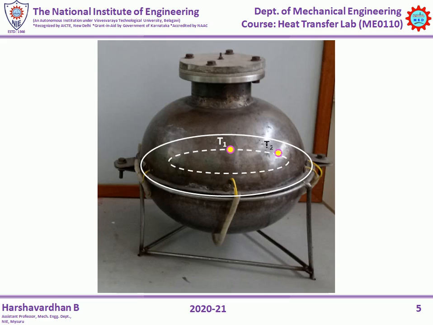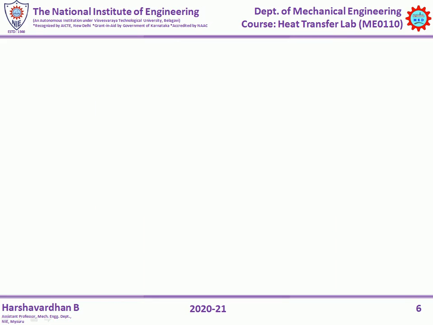Out of 12 thermocouples, 6 will be mounted on the inner sphere, that is thermocouple number 1 to thermocouple 6 will be on the inner sphere, while thermocouple number 7 to thermocouple number 12 will be mounted on the outer sphere. So the average of the first 6 thermocouples, that is the average of temperatures from T1 to T6, will give us the inner surface temperature of the inner sphere, while the average of temperatures from T7 to T12 will give us the surface temperature of the outer sphere.